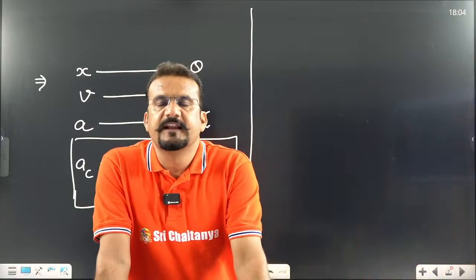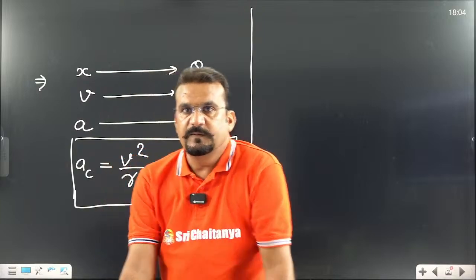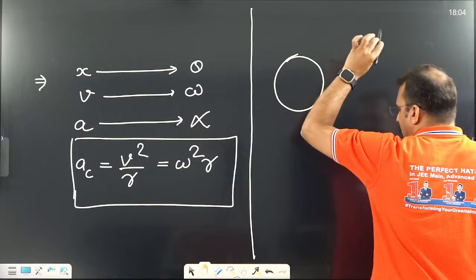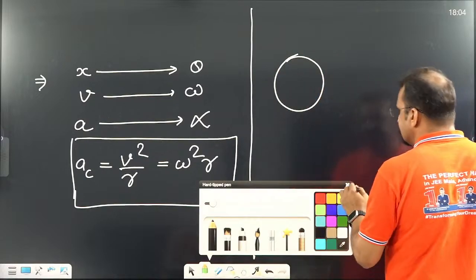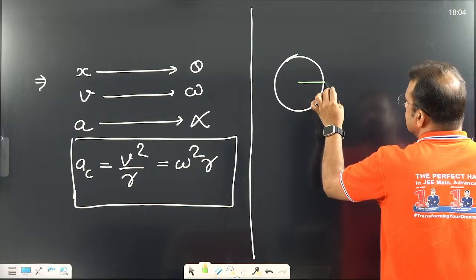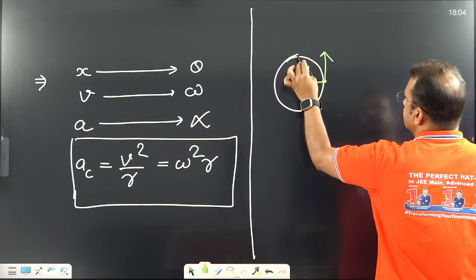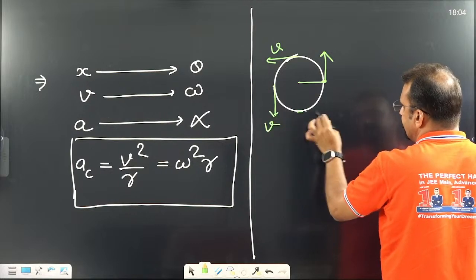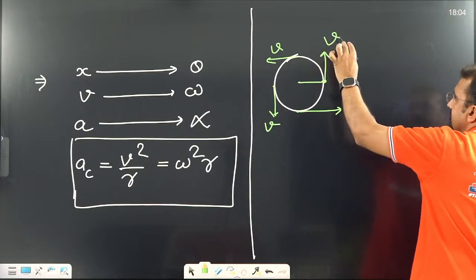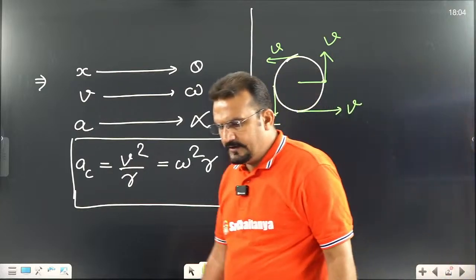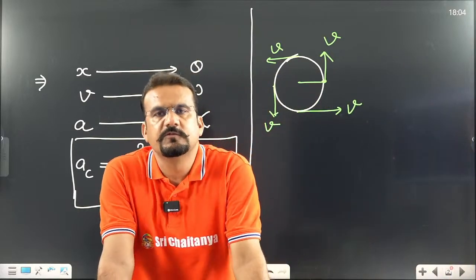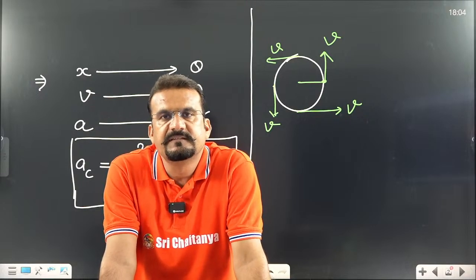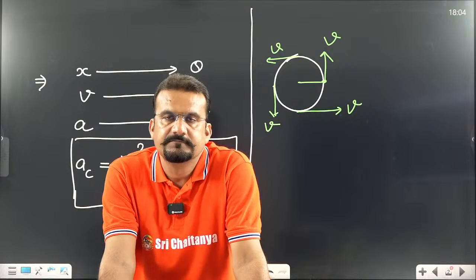So my dear students, in last class we have discussed specific circular motion. Let us assume this is circular motion. In yesterday's class I told you that velocity at this point is V, at this point is V, at this point is V. So velocity V means you can observe that the direction of the velocity will be changing at each and every point, tangential to that circle.